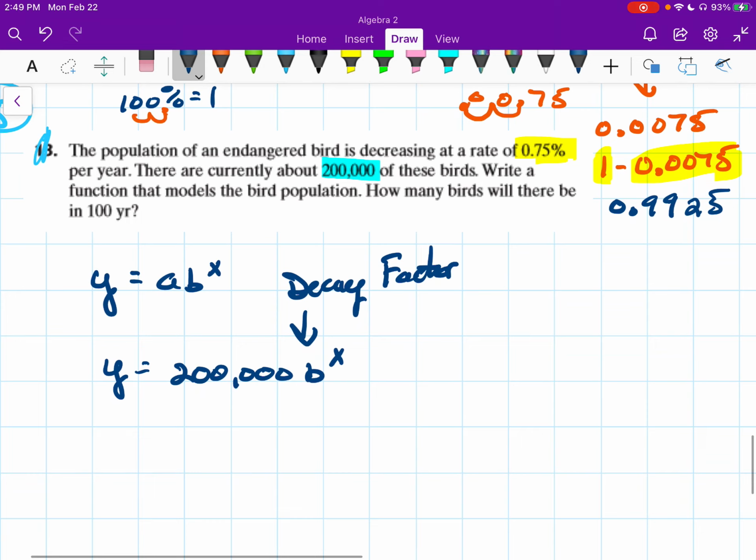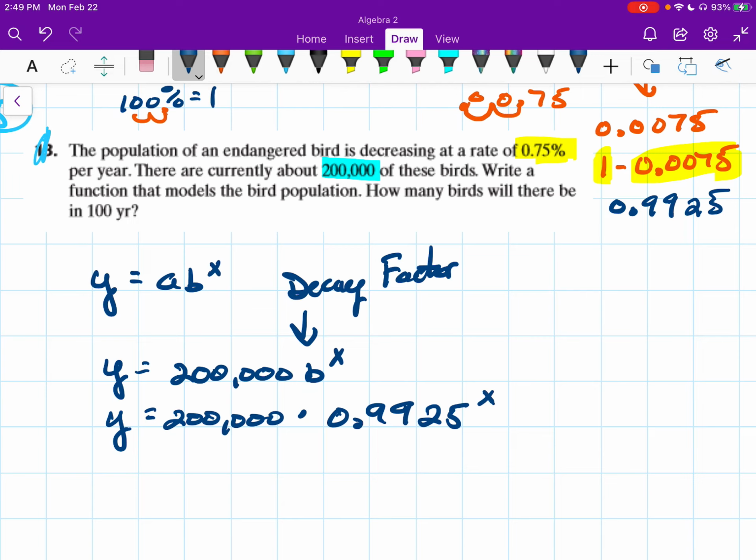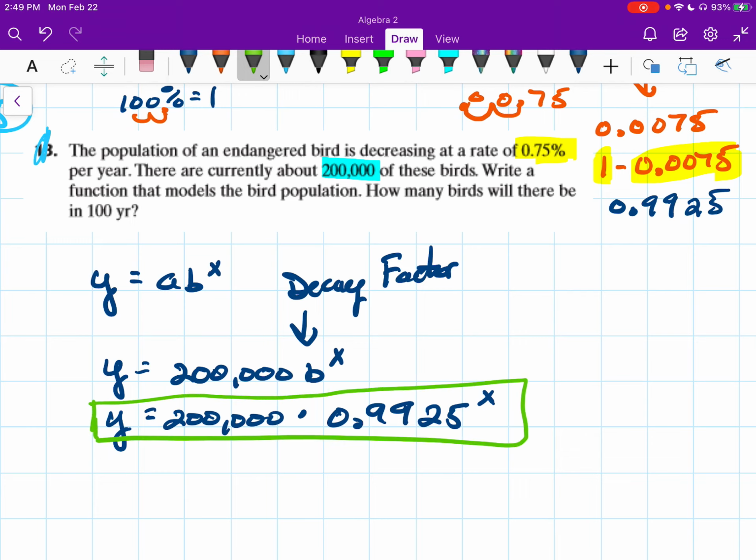So to update my formula, it's going to be y equals 200,000 times 0.9925 to the x. So this models that equation, it's part of our answer, and that models the number of birds.